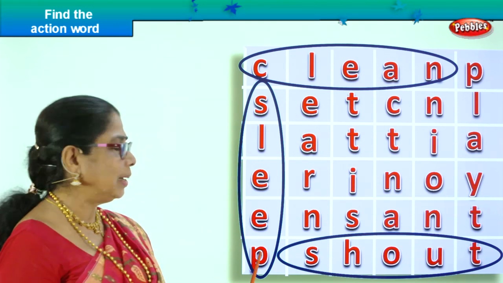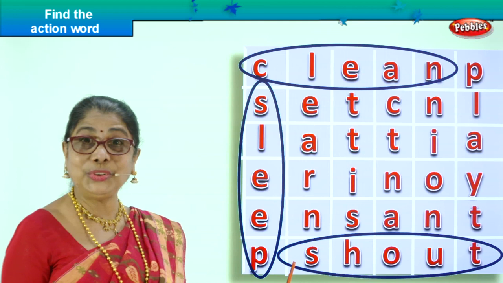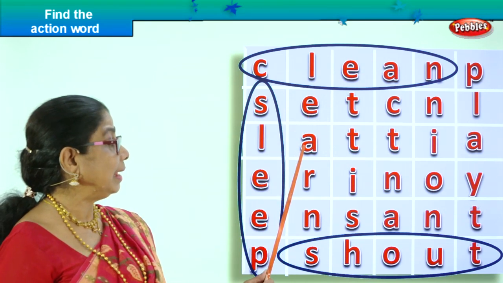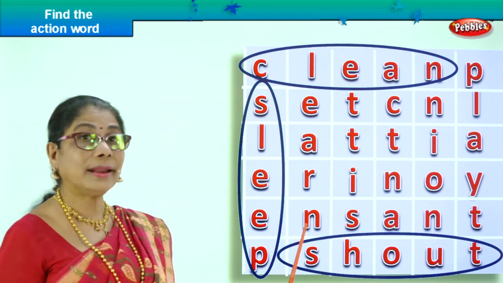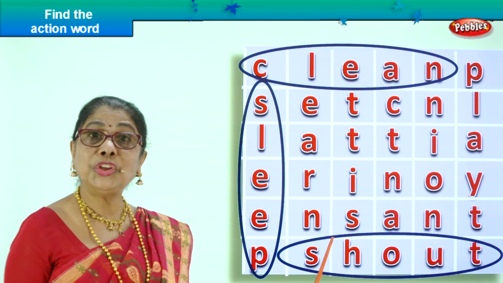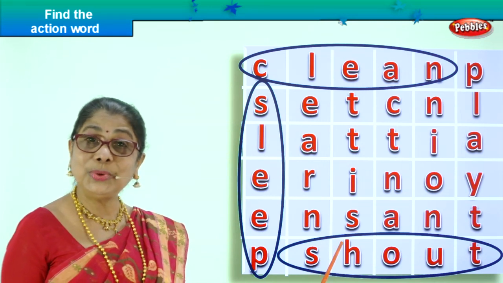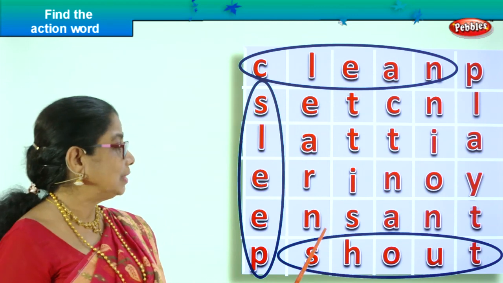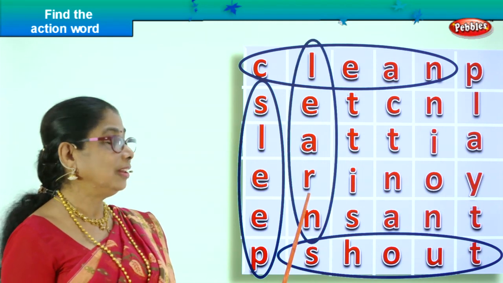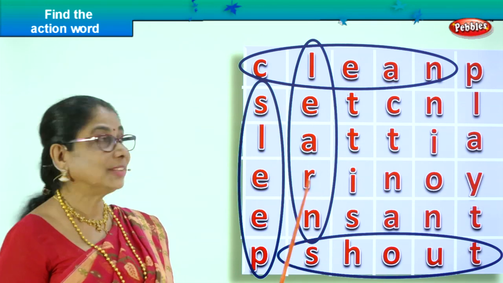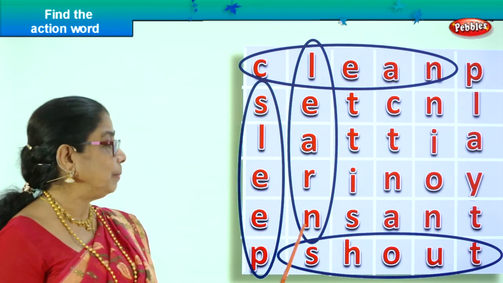Sleep is an action word and we circle that. Very good. Let's go on to the next row. Learn. What is that? Learn. Yes, you learn to read, you learn to dance. So we circle the word learn. Learn to write, you learn to skip. So we found sleep and learn.